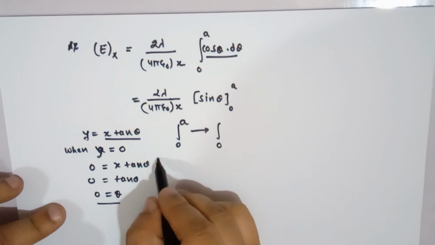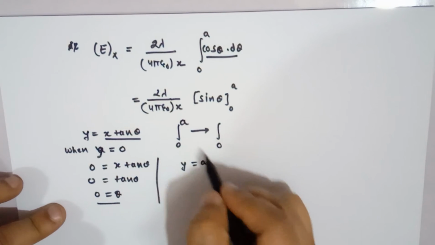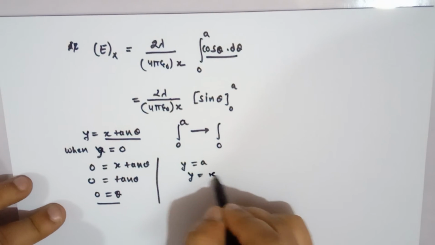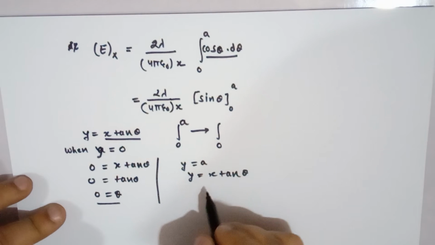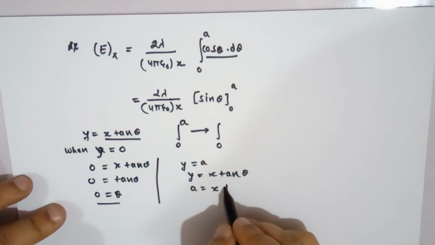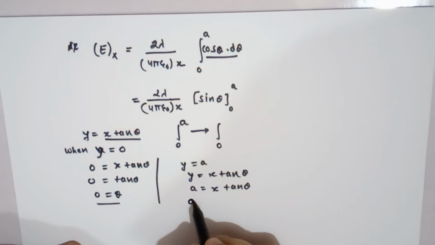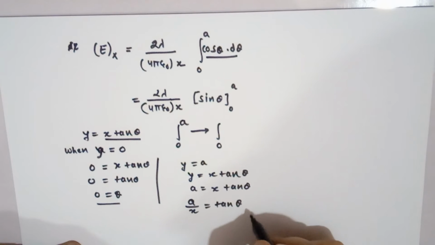But when we put y is equal to a, the equation y is equal to x tan theta can be written as a is equal to x tan theta. That is very important. So a upon x would be your tan theta, which is perpendicular by base.